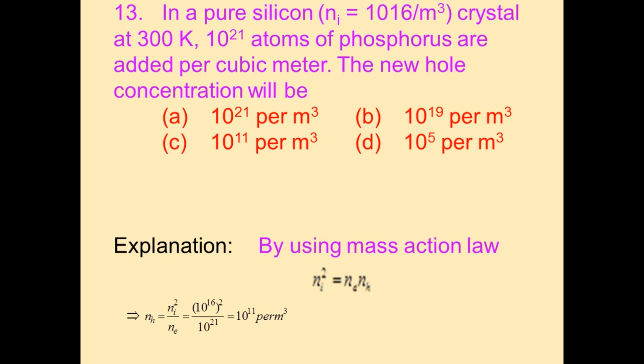Hole concentration we have to calculate. Mass action law, Ni square equal to Ne into Nh. Here donor concentration is nearly equal to Ne. So Nh equal to Ni square by Ne, 10 power 16 whole square by 10 power 21. So hole concentration in this case is 10 power 11 per meter cube.